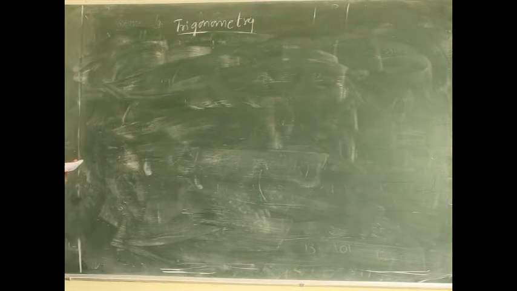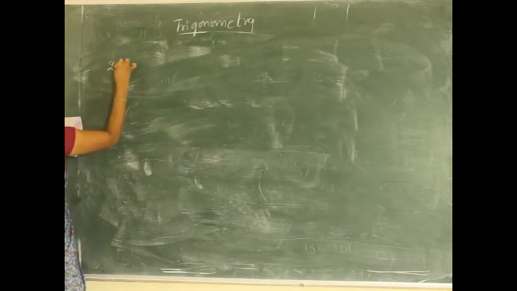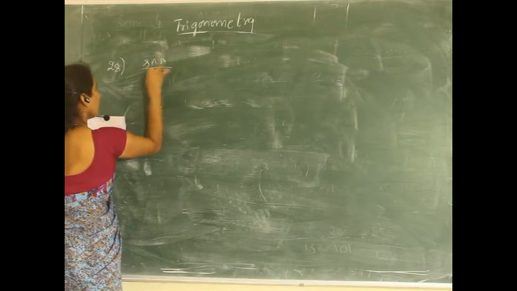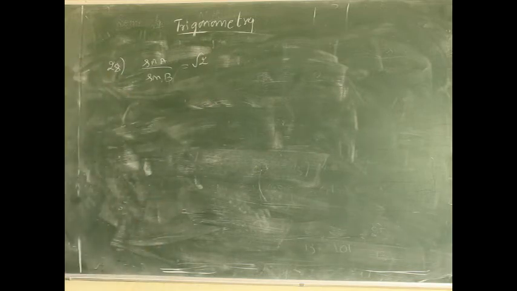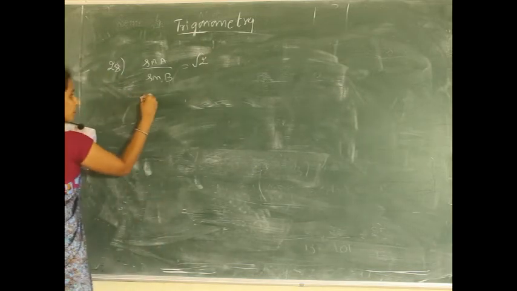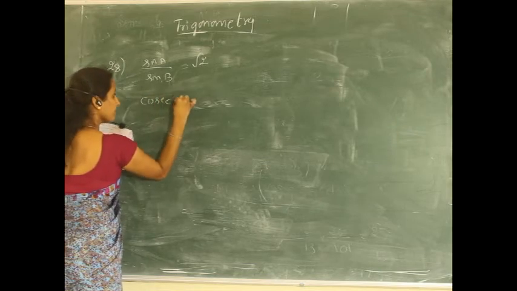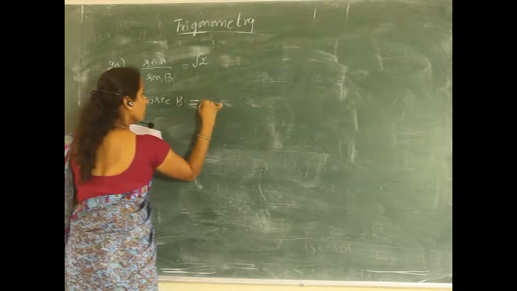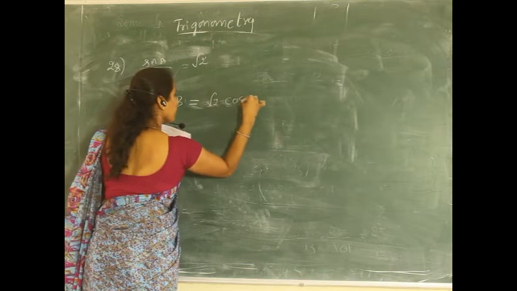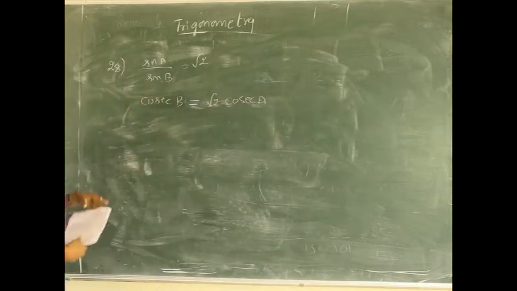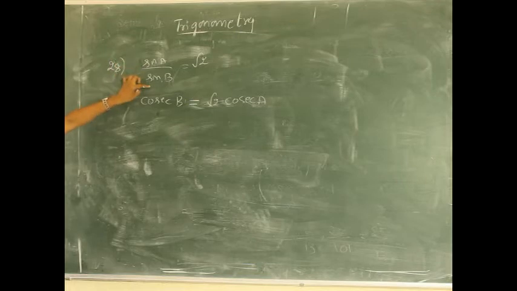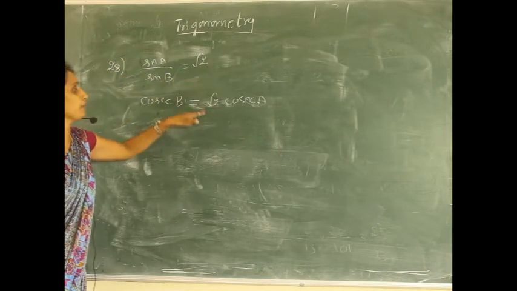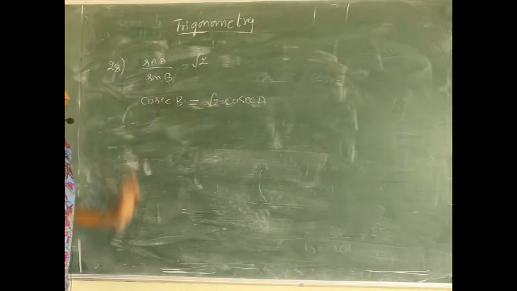So if sin A by sin B is equal to root 2, then we can write 1 by sin B as cosec B, and 1 by sin A as cosec A. So when you cross multiply, we get cosec B is equal to root 2 cosec A.